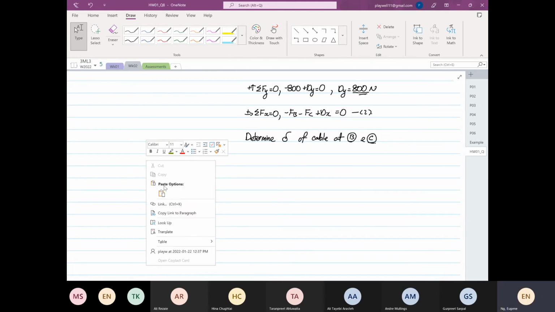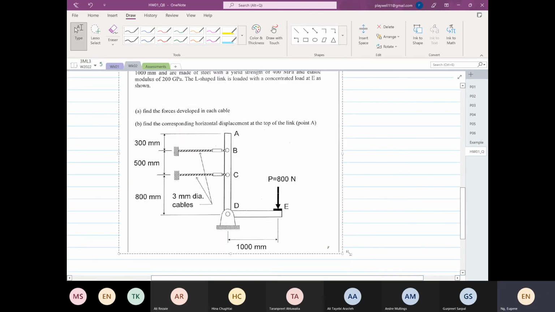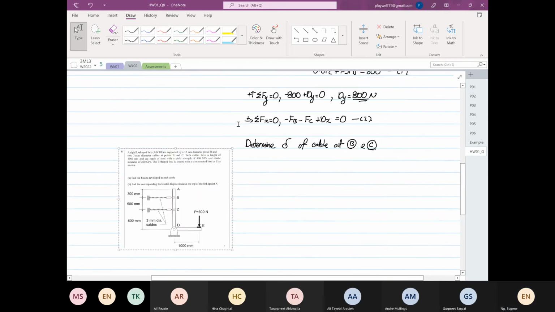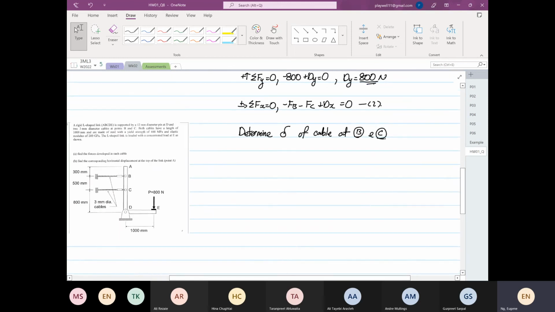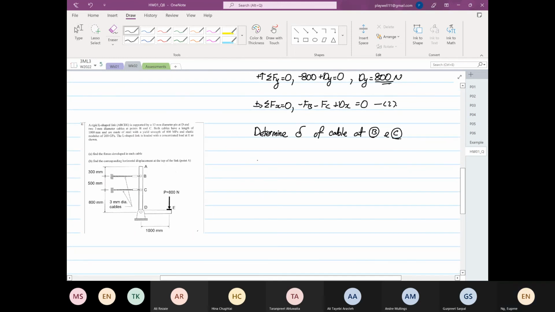Okay, so I'm going to paste the diagram here so I can see. Okay, I can see some dimensions. So deflection of cable at point B. We know that it's going to be in tensile tension, so plus FB. The length that we are given is 1 meter.